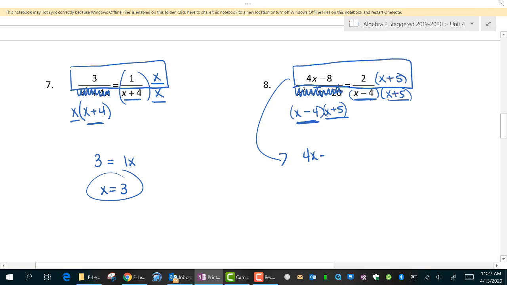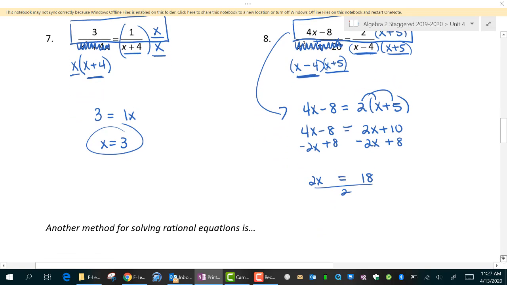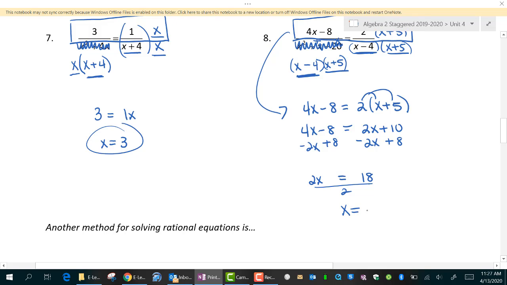I have 4x minus 8 equals 2 times x plus 5. So I distribute the 2, and then solve for x. I would subtract 2x from both sides and add 8. And then finally divide by 2. So my final answer is x equals 9.